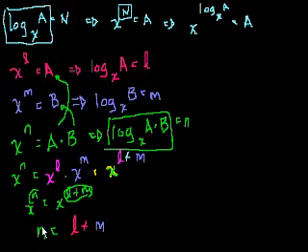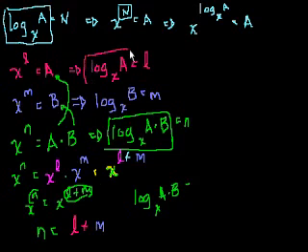So now if we just substitute n for that, we get log base x of a times b. And what does that equal? Well, that equals L plus m. And another way to write L is right up here: log base x of a.